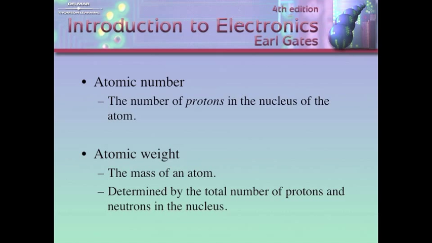Another number that's used on the periodic table is atomic weight. Atomic weight dictates the mass of an atom. We determine the atomic weight by simply counting up the total number of protons and neutrons in the nucleus.